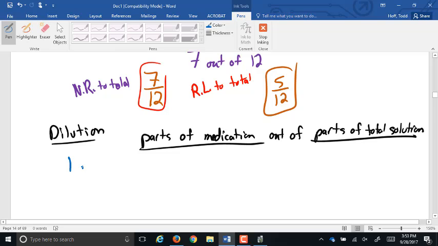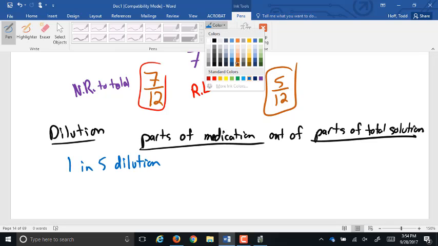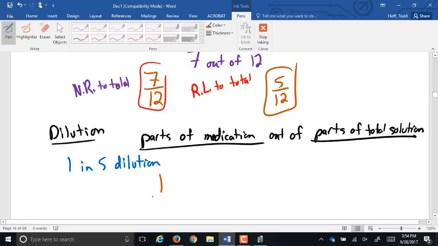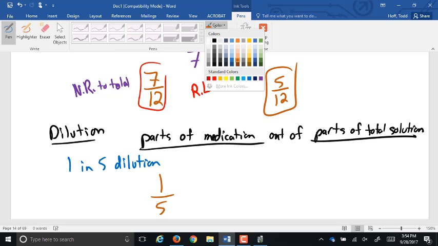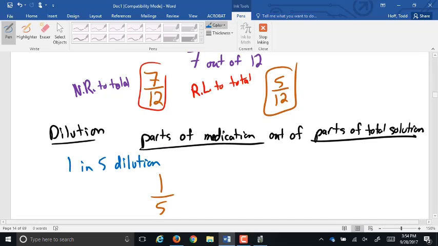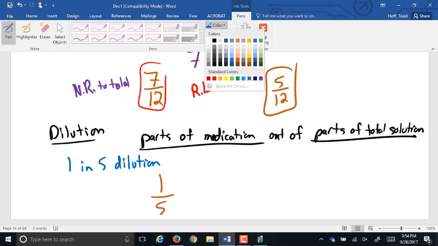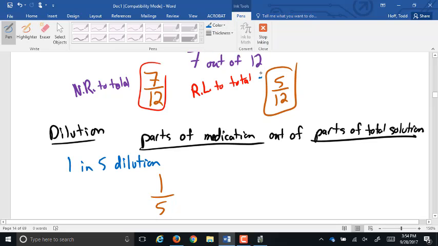So a 1 in 5 dilution is 1 part medication to 5 parts total solution.